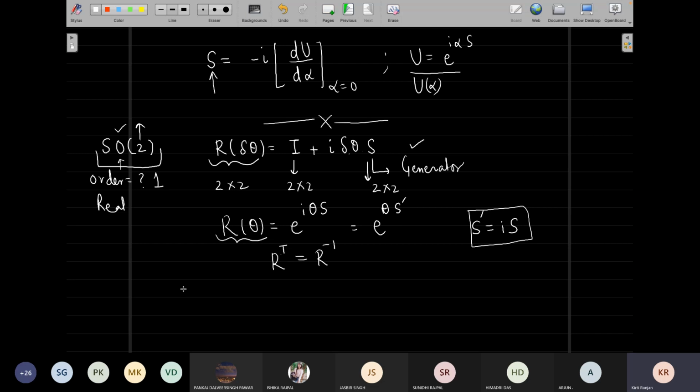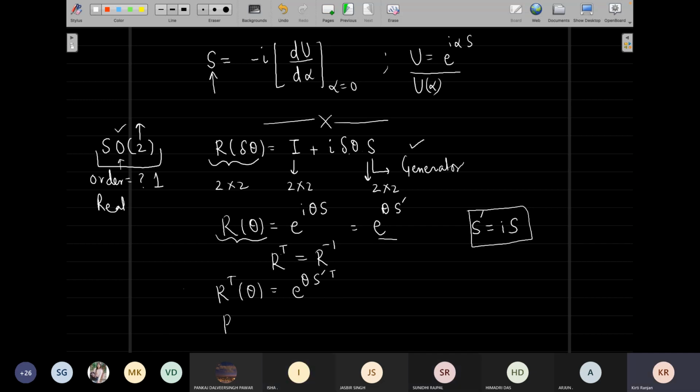So what will be R transpose in terms of e to the theta S prime? It will be transpose of S prime, S prime transpose, right? This is absolutely fine.